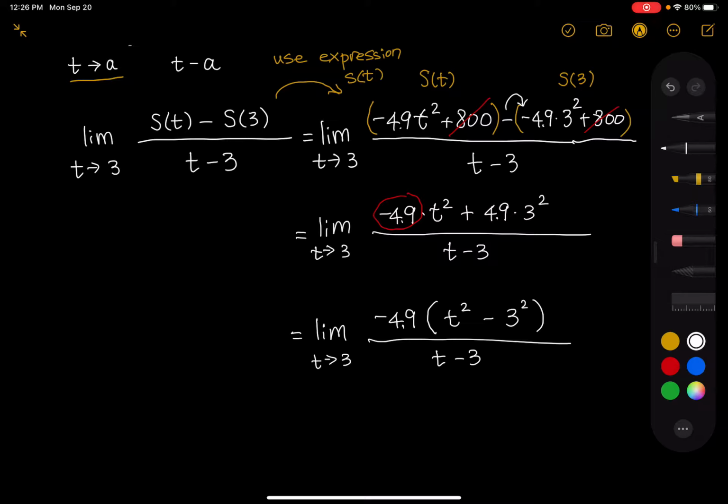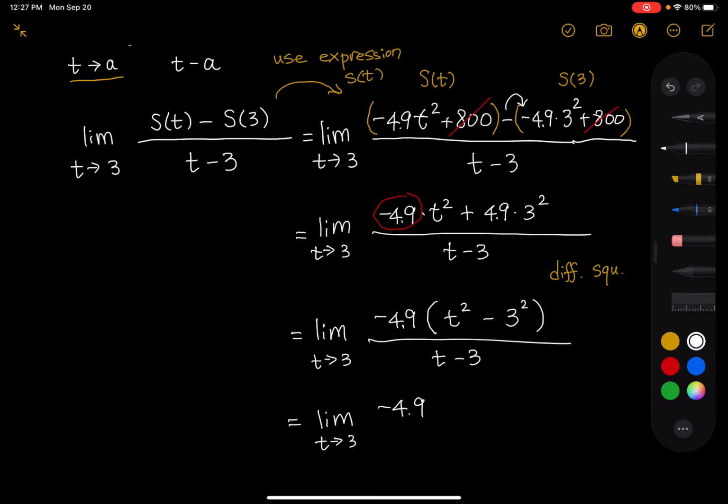So moving on, what we get is t squared minus 3 squared, right? It's a difference of squares. What's the difference of squares formula? It tells us, okay, so this limit is limit as t goes to 3, negative 4.9.